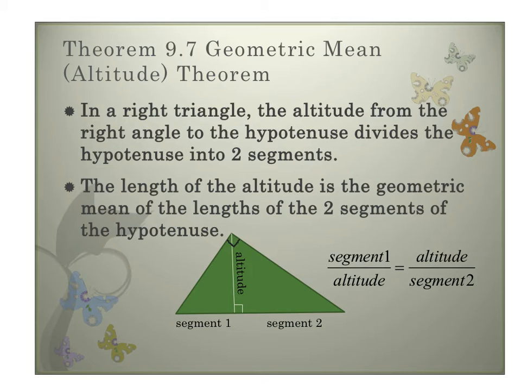The length of the altitude is the geometric mean of the lengths of the 2 segments of the hypotenuse. And I'll show you what all these words mean. So again, I have my original right triangle.